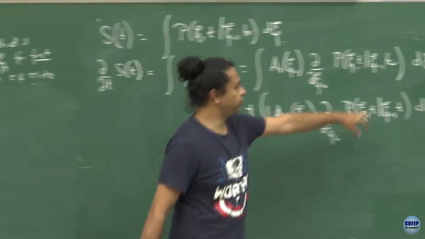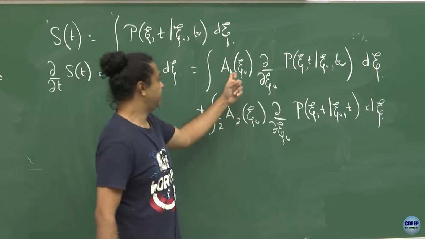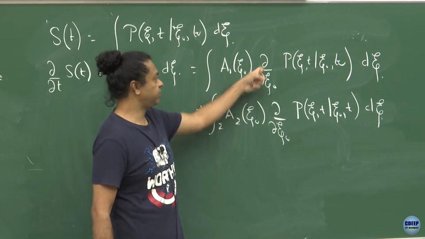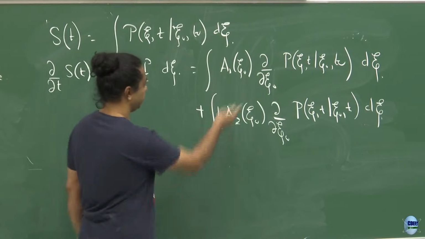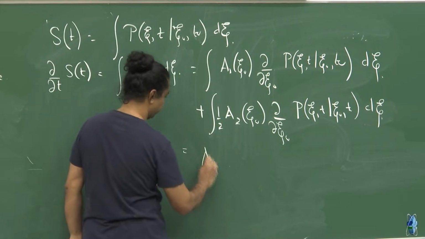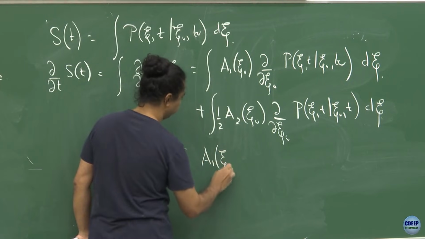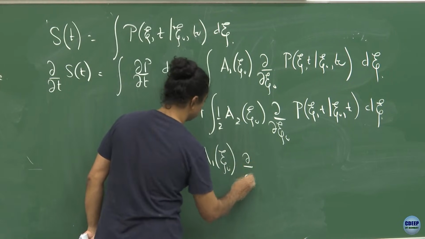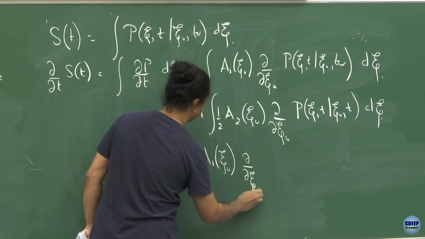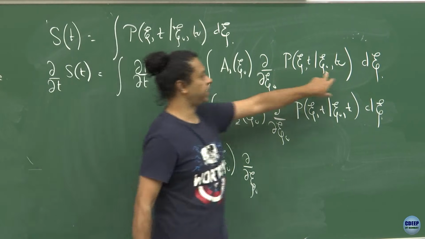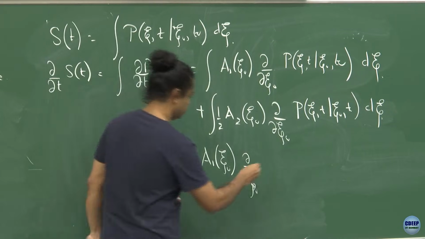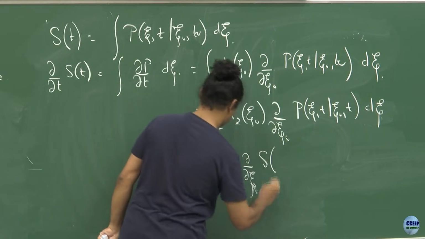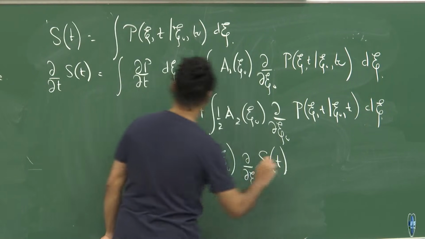Now these integrals are over xi, and a1 and these derivatives are with respect to the initial state xi naught. So, I can pull them out, and what I have is a1 of xi naught del del xi naught of the integral of p d xi, which is nothing but my survival, so del del xi naught of s of t.